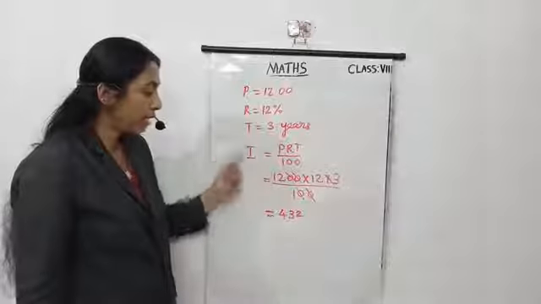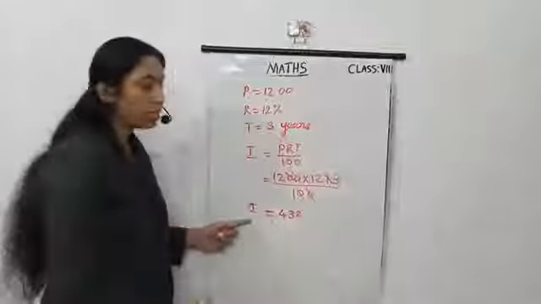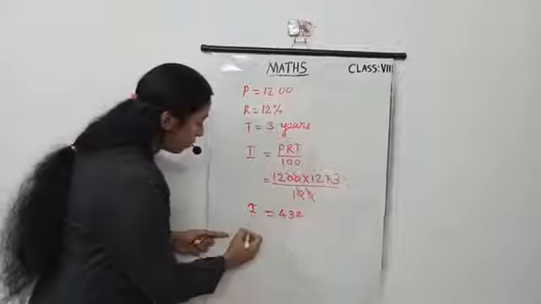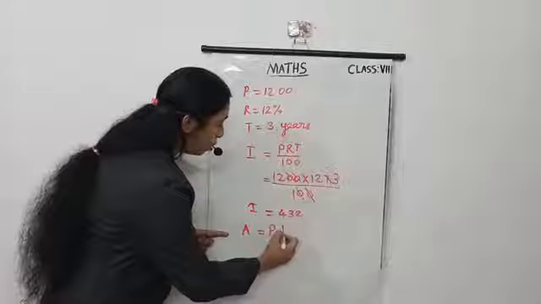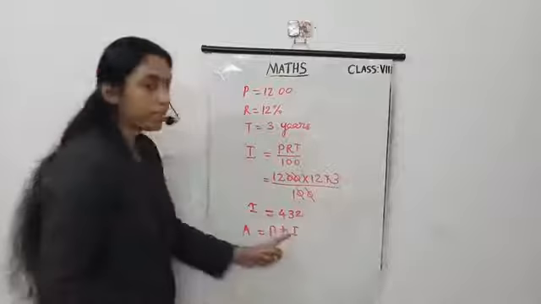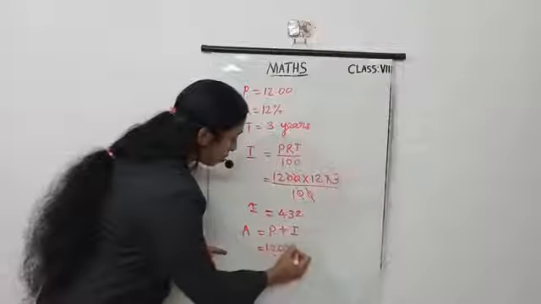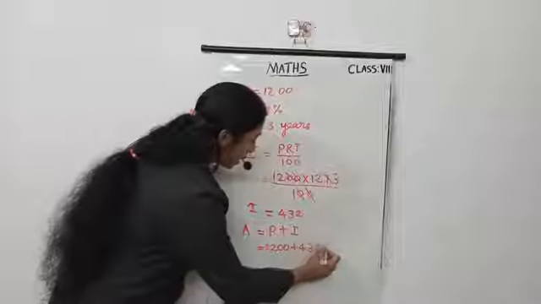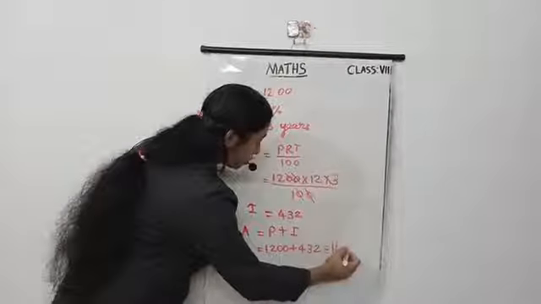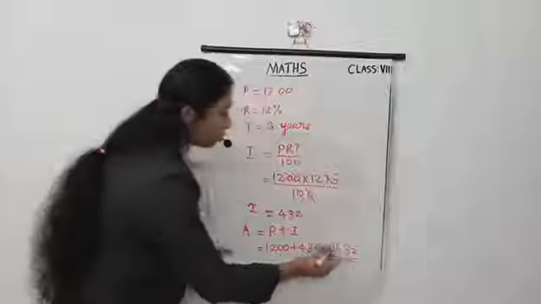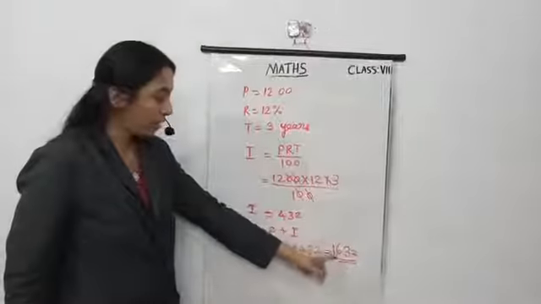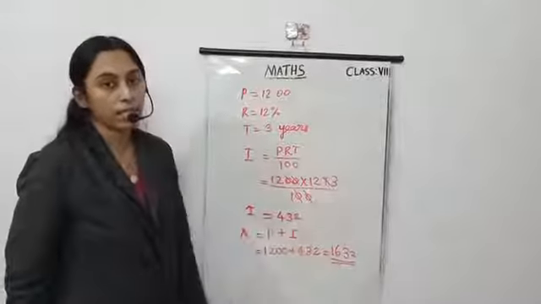That is, the interest is 432. We need to find the amount. Amount is equal to principal amount plus interest. That is 1200 plus 432, and adding we get 1632. So this is the final amount after 3 years.